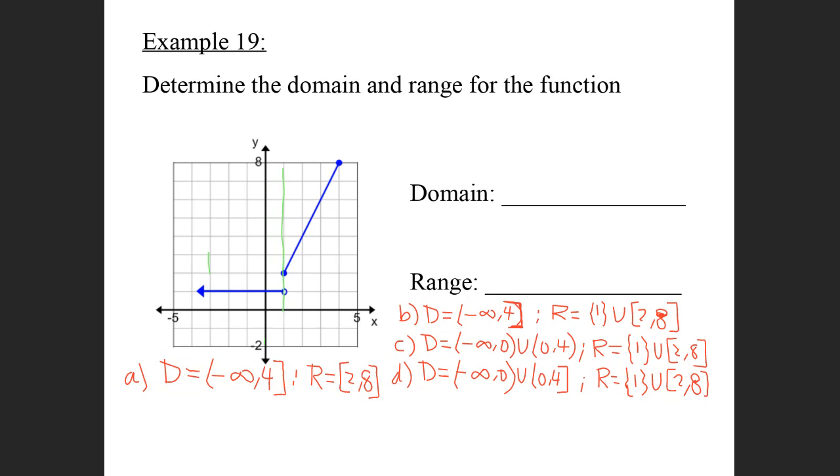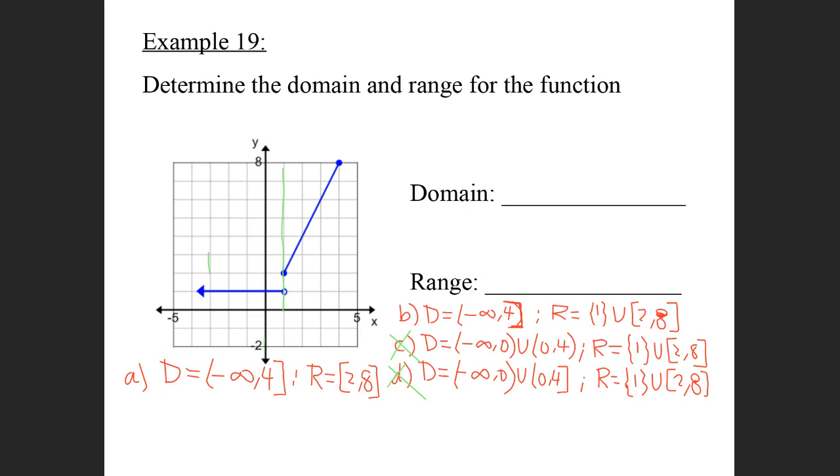What about the range? So now we're ruling out C and D. The range is either 2 to 8, or 2 to 8 union the singleton 1. So 1 in addition to 2 and 8. This means no, 1 is not in the range. Which one is true?